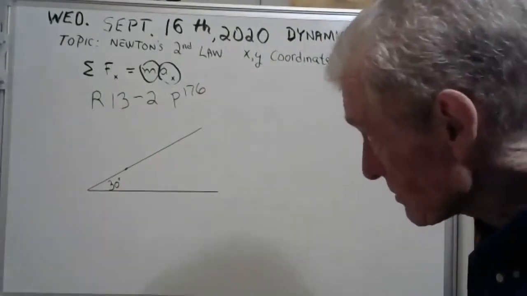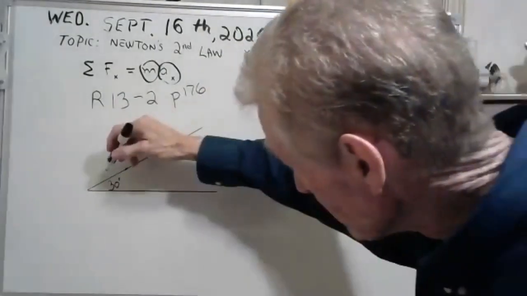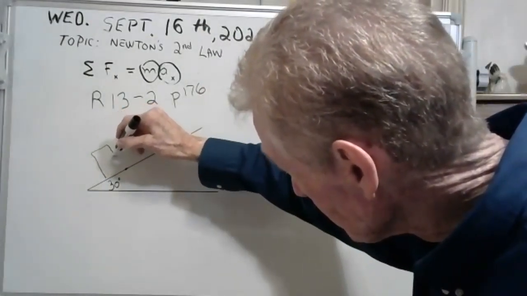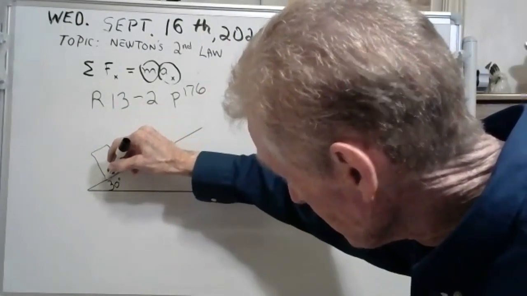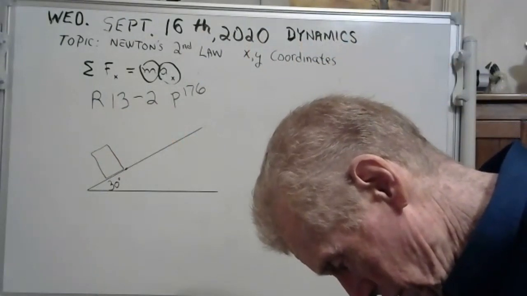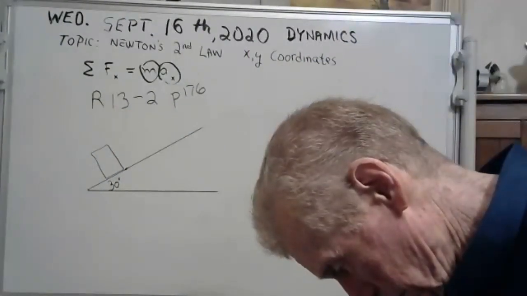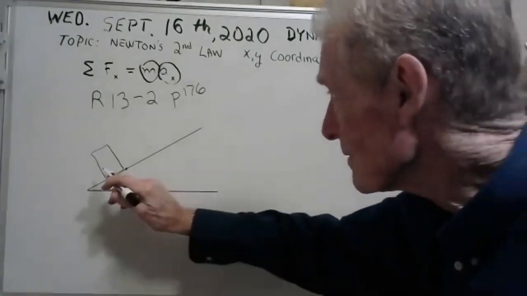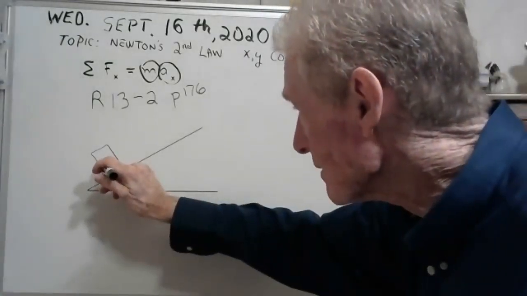So we got 30 degrees, and we have a crate here. I'll draw the crate for you. There you go. Do we know the mass of this crate? Let me read this. It says it's a 50 kilogram crate.